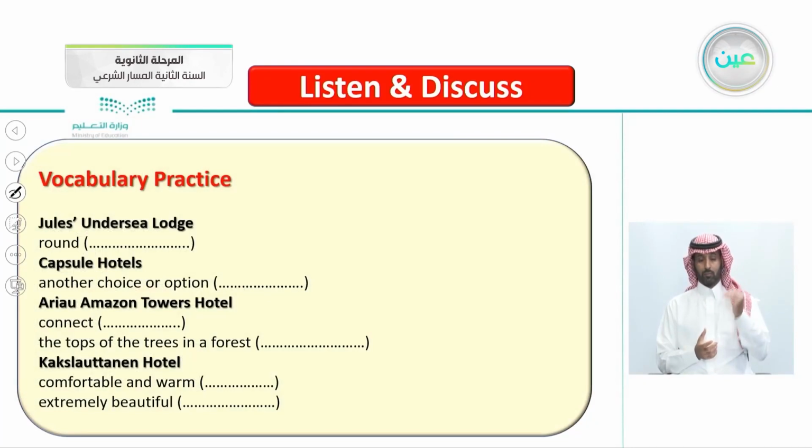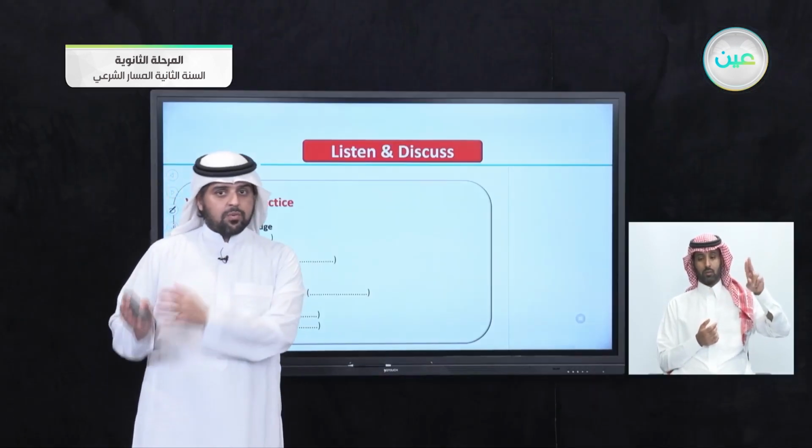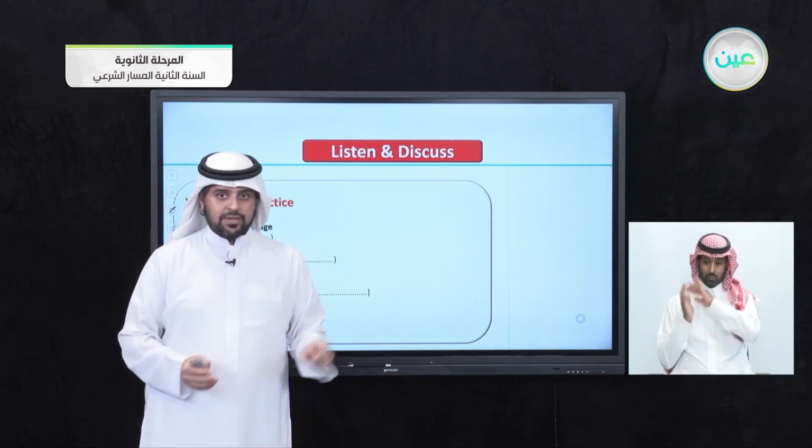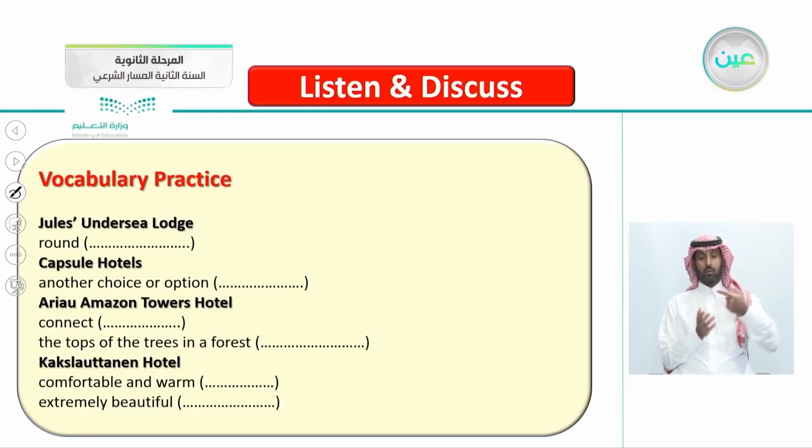So let's practice some vocabulary from the first article, Jules Undersea Lodge. What's the synonym for the word round? If you go back to the first article, give me a word that gives the exact meaning as the word round. Yes, that's correct, the word circular, from the window.